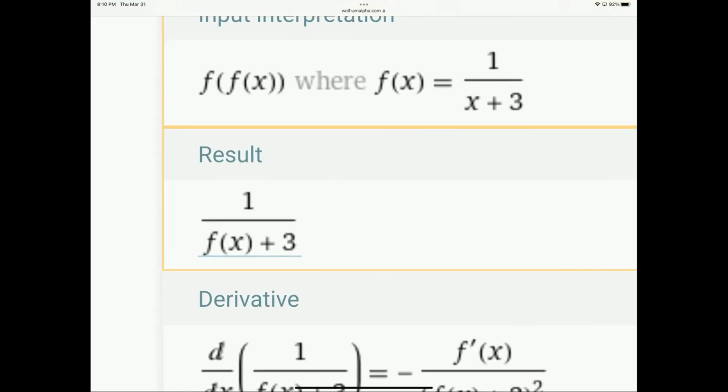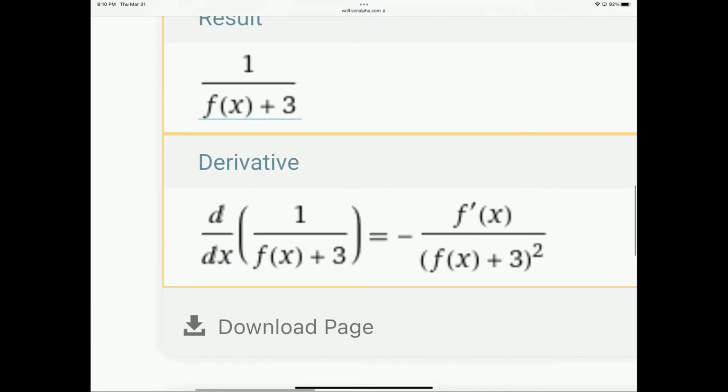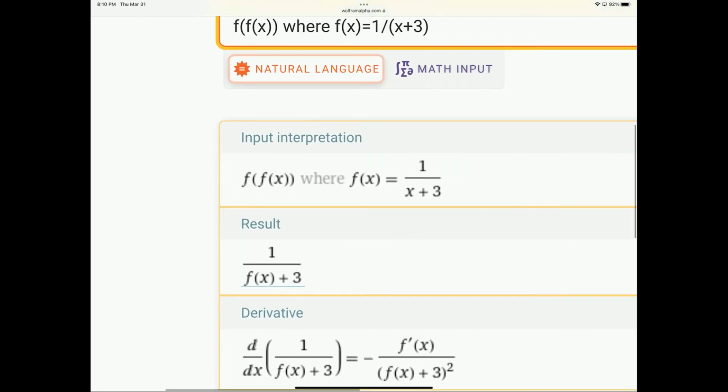See how it wrote 1 over f of x plus 3? That's not really what I want the answer to look like. It has a derivative here. That's not what I want. That's a calculus thing.